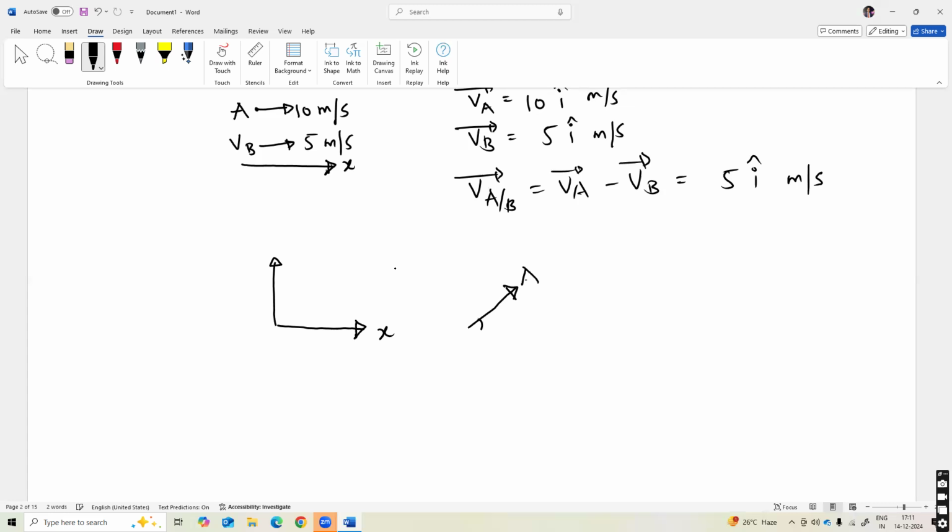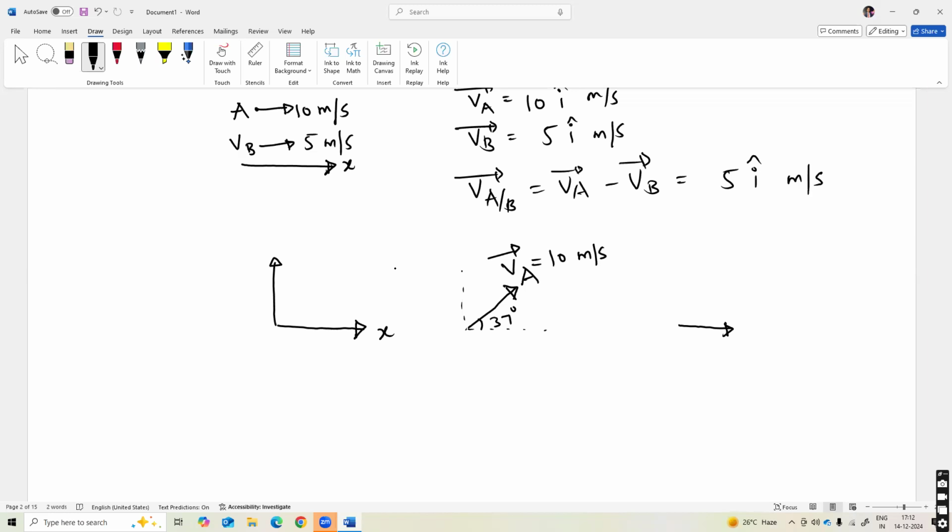This is VA, velocity of A, which is moving at 37 degrees to the x-axis. And there is B, moving at a velocity of, let's say, 10 meter per second.